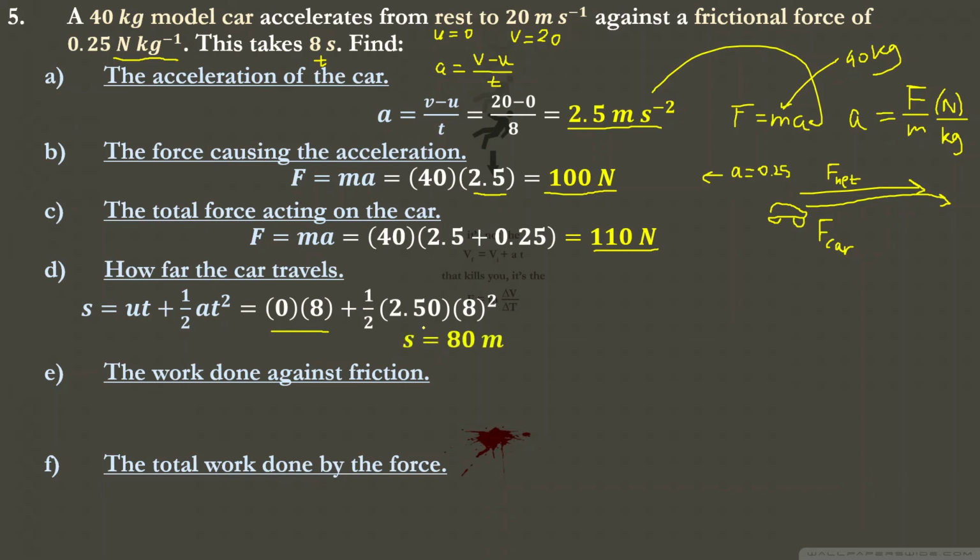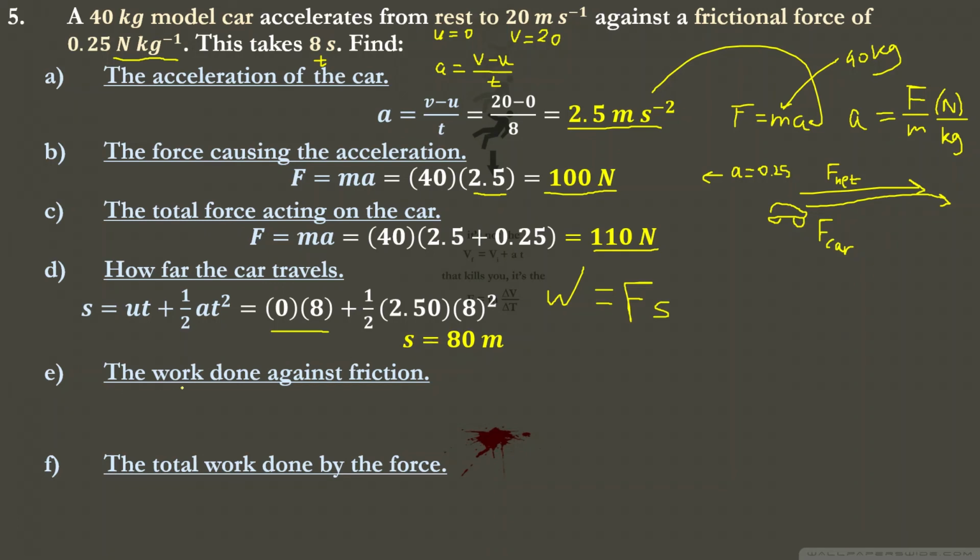And we find the overall displacement to be 80. Another way you can work this out is using the work done formula. So W equals F times S. So just move F over under W and you should be able to work out something similar along those lines.